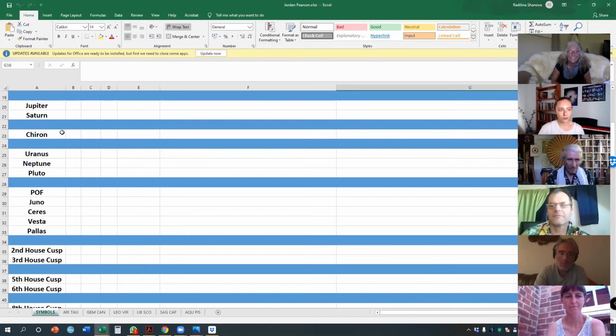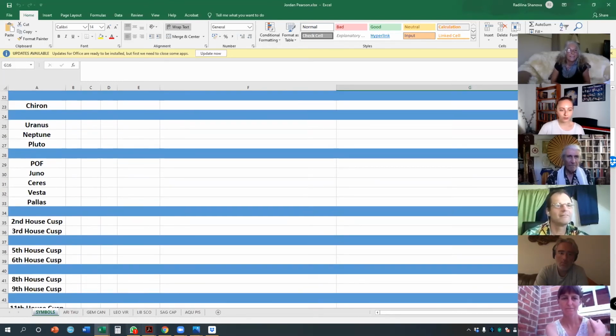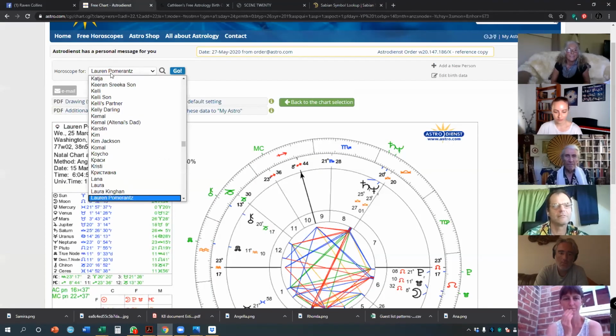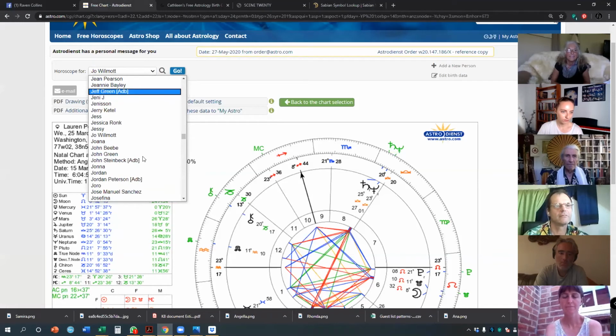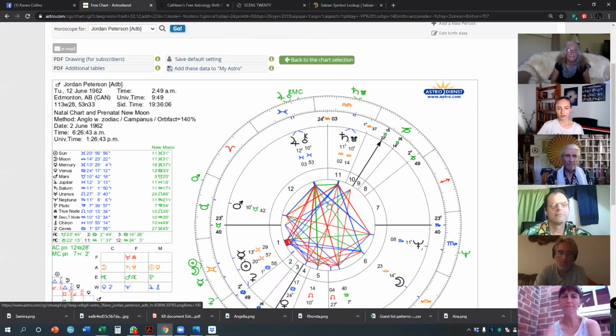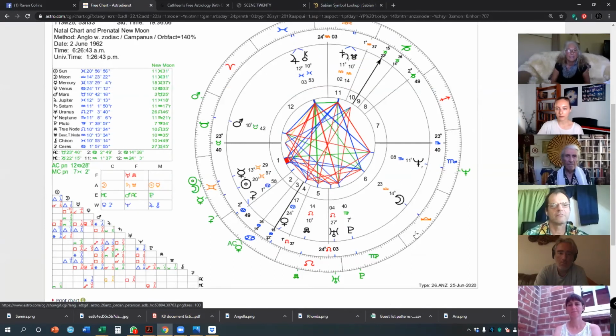So now if I want to do that with the symbols, I open the chart of the person. Here it is. And take for example, the Venus is already filled in, Mars. Say Mars.